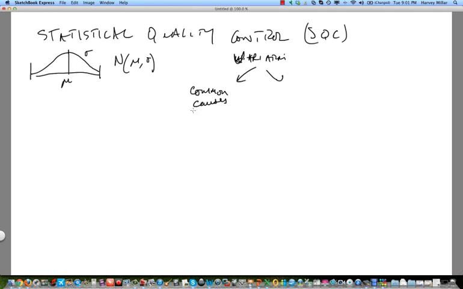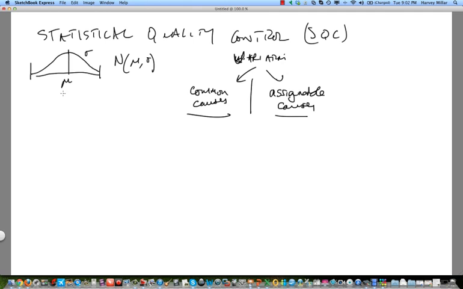Basically that just means that every part that goes through that process, every item, is subjected to the same set of conditions, or what we call assignable causes. Right? So what statistical process control involves is trying to discern between what are common causes when we observe variation versus assignable causes.